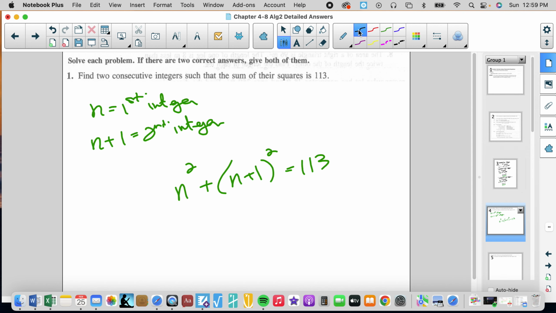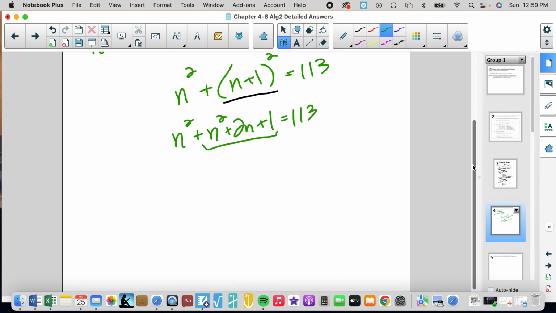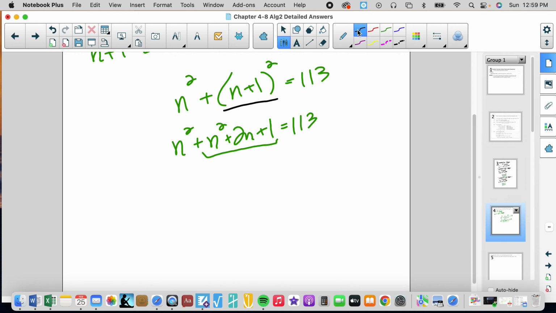We need to simplify this. We should know how to simplify a binomial squared. That's n squared plus 2n plus 1. That's what the quantity n plus 1 squared would give me. Now we need to simplify.